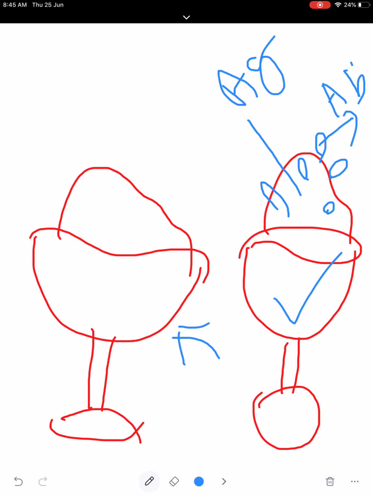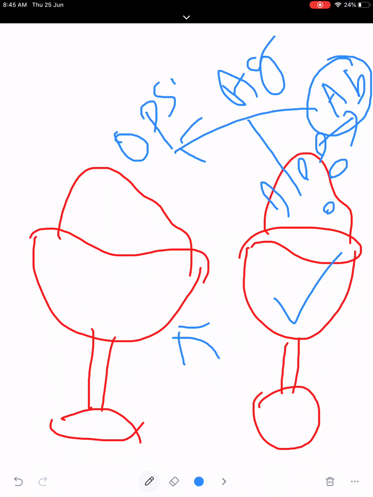So here the antibody is known as opsonin, and the phenomenon is known as opsonization. Opsonins are molecules which make the antigen more attractive to the phagocytic cells. That means it is an intermediate molecule. Here, this antibody is acting as an intermediate or opsonin, and this phenomenon of making an antigen more prone to phagocytosis, I call it opsonization.